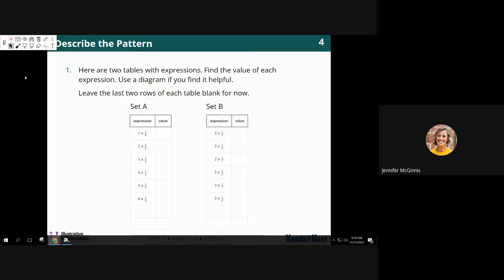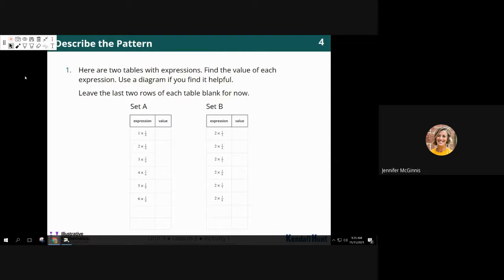Once you have your paper from the back, here are two tables with expressions. Find the value of each expression. Use a diagram if you find it helpful.